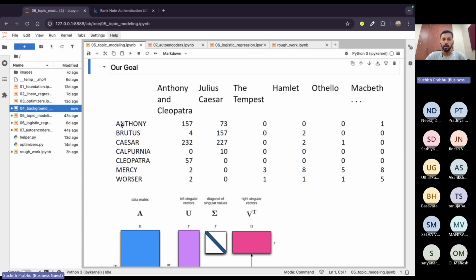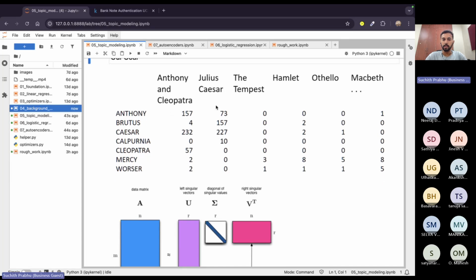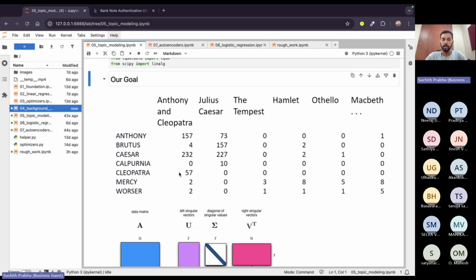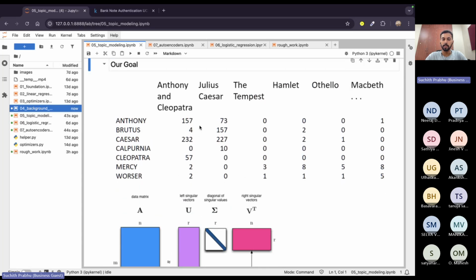Given a document, this records what words were present in that document, and this number is the frequency of the word in that particular document. So we'll first come up with this matrix, and then directly perform SVD on this to get an idea of what topics are present.